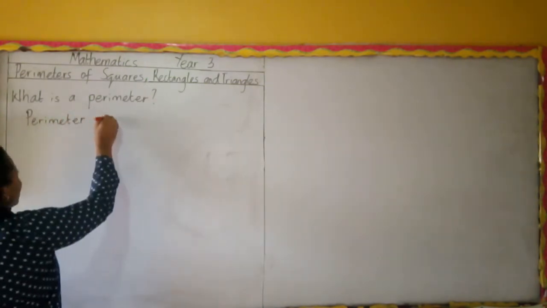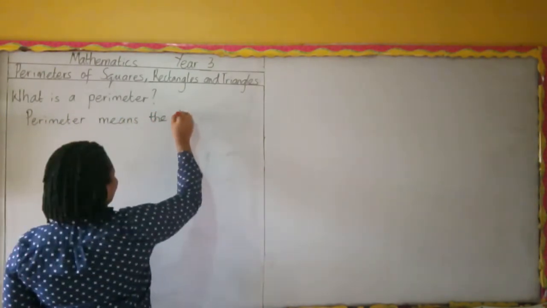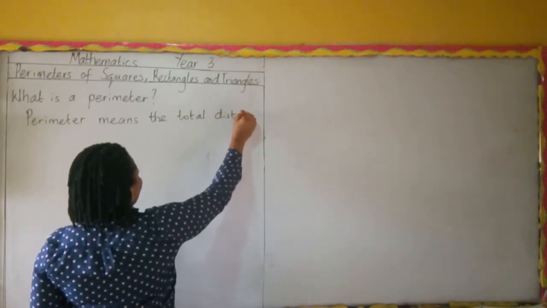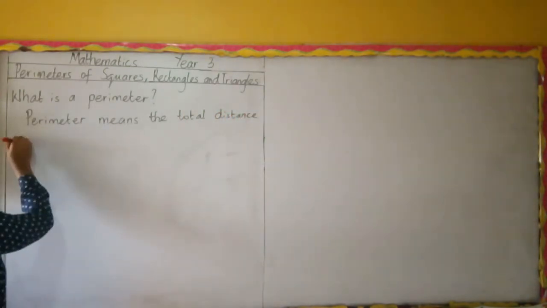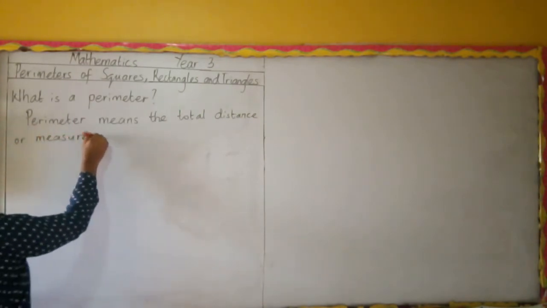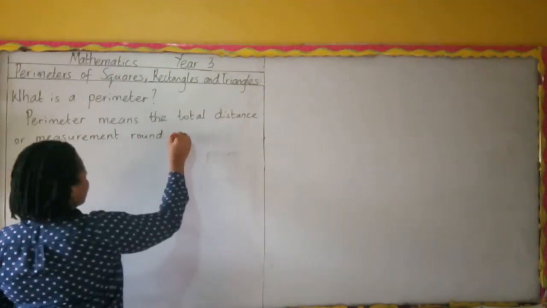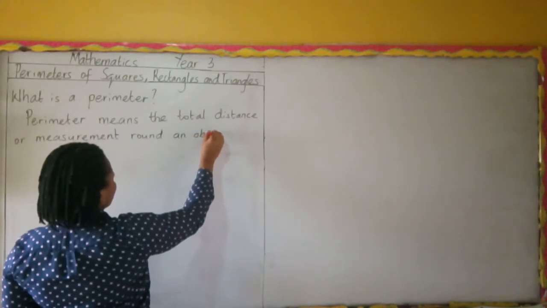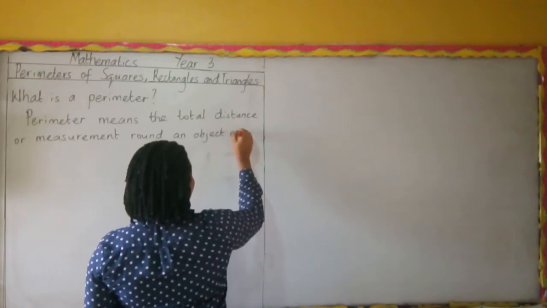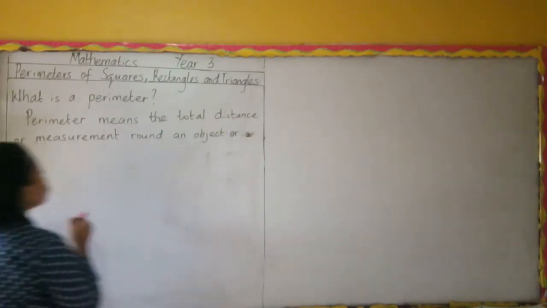So perimeter means the total distance or measurement round an object or a shape.